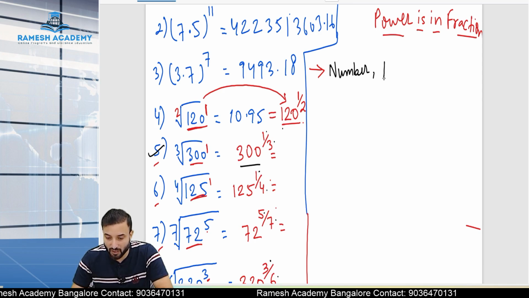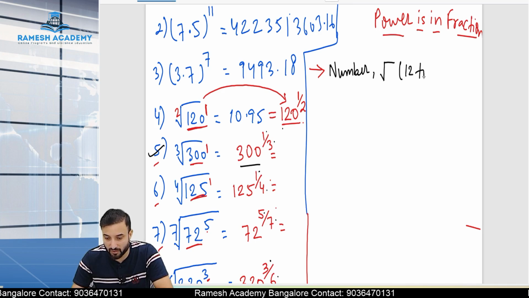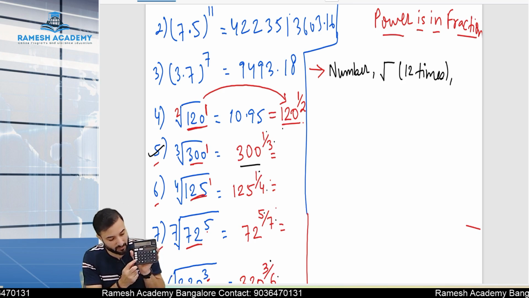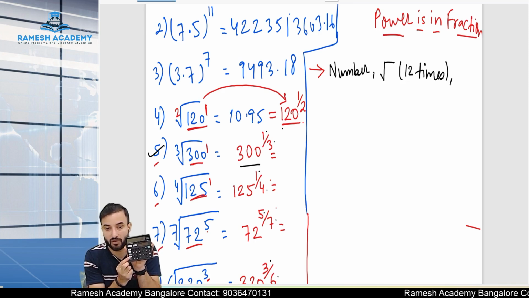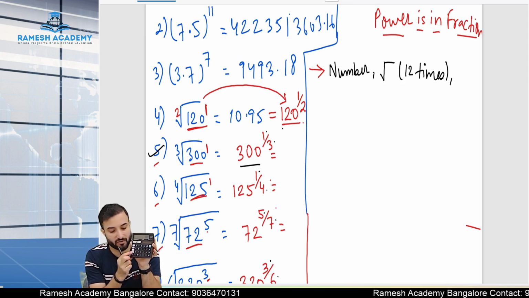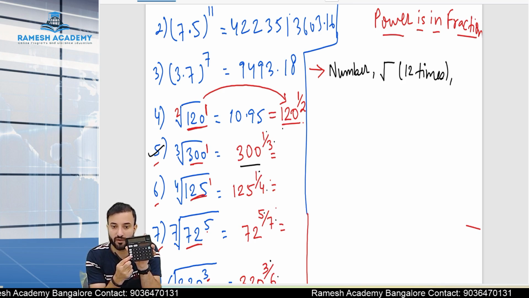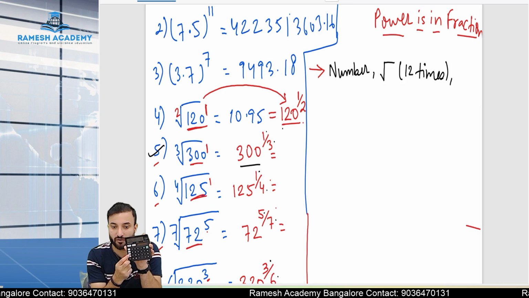Then guys, you have a square root button. You have to press the square root button 12 times. 1, 2, 3, 4, 5, 6, 7, 8, 9, 10, 11, 12.